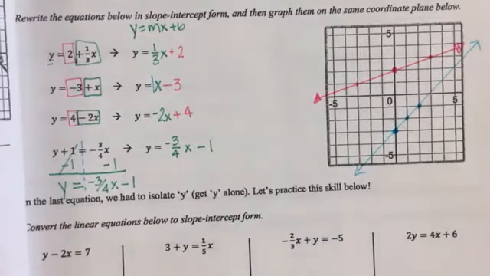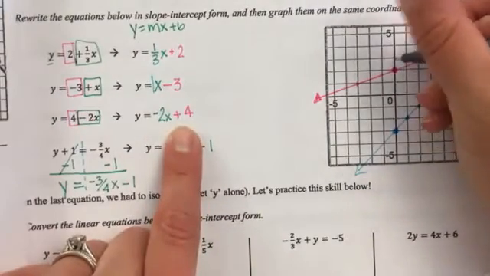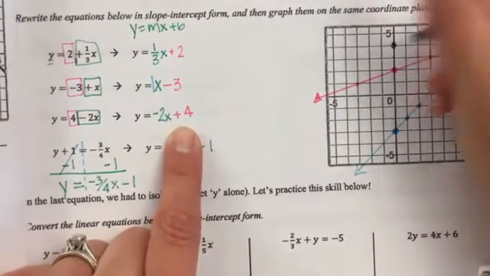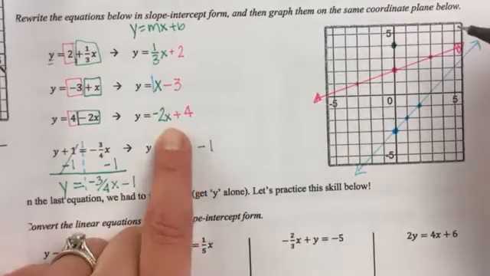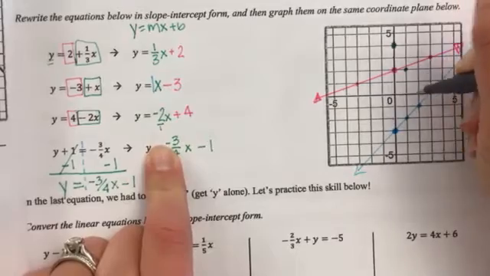Okay, my third one, I start at positive 4. So 1, 2, 3, 4. And I go down 2 over 1. So 1, 2, right 1. 1, 2, right 1.